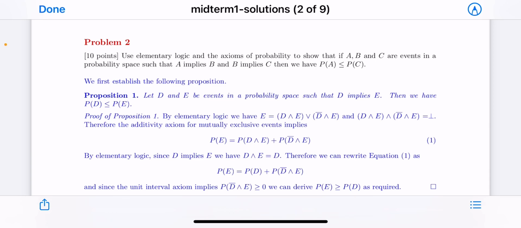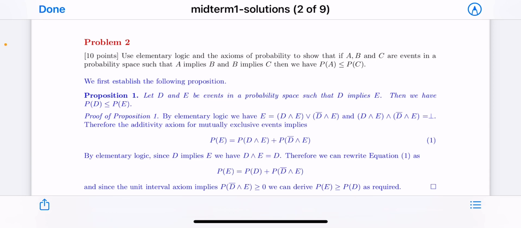The question tells me about three events, A, B, and C, and it says that A implies B and B implies C, so therefore we're supposed to prove A is no more probable than C. And I know that A implies B and B implies C are just making it more awkward for me to say that A implies C.